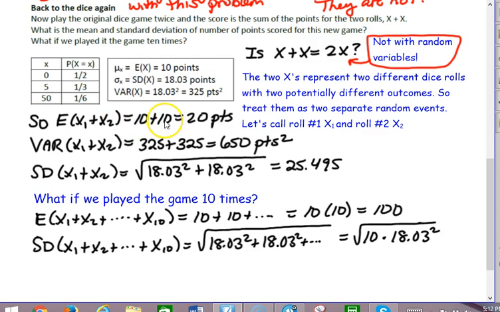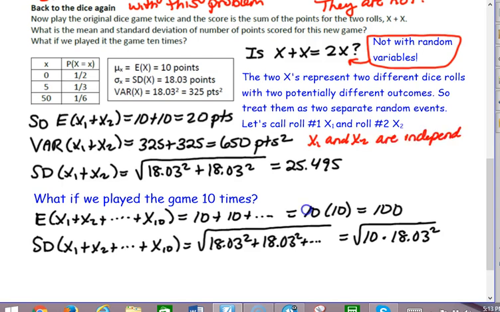Well, we know they both have a mean of 10, so the expected value of the sum would be 20. They both have variances of 325, so there we can add variances because these are independent events. So I should probably write that down. Independent. Let me write it down a little differently here. We know that X1 and X2 are independent because they're both dice rolls, so they are independent of each other.